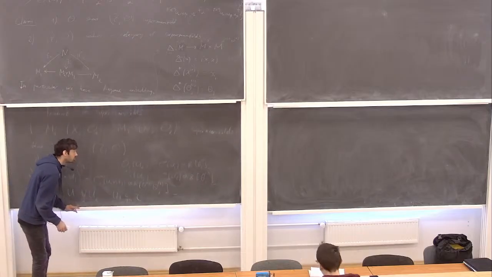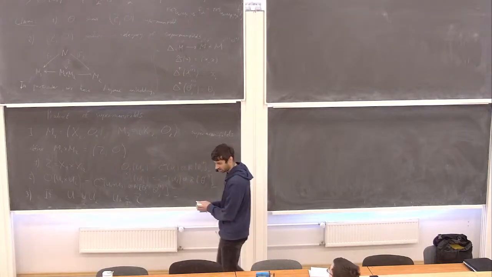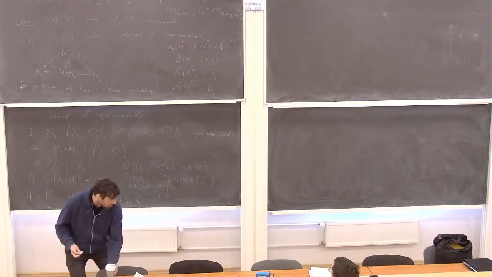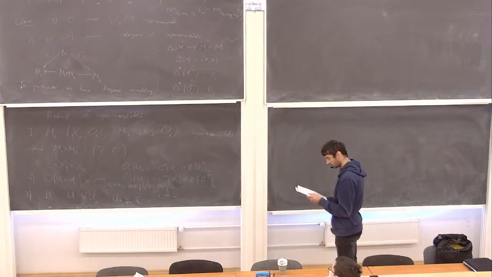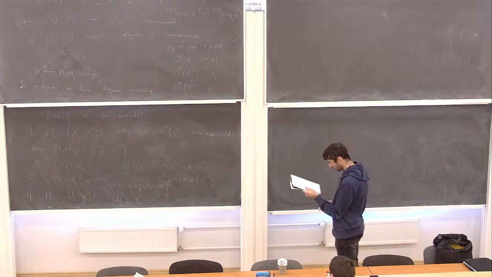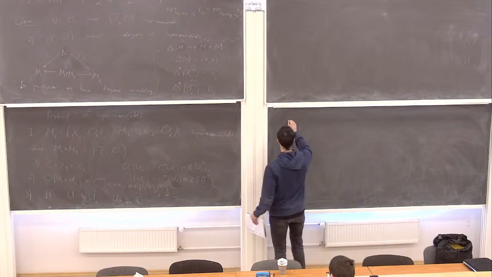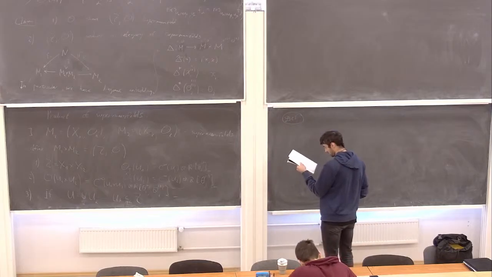Now, let me go ahead and proceed to the definition of super Lie group. Okay, so definition. Again, I will say some words and then maybe expand what this means.